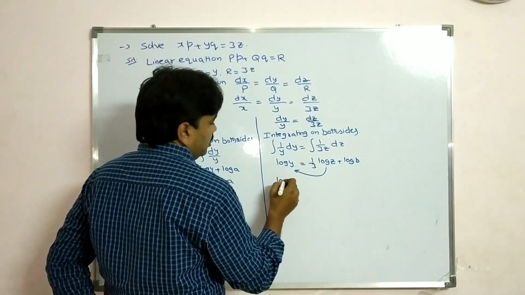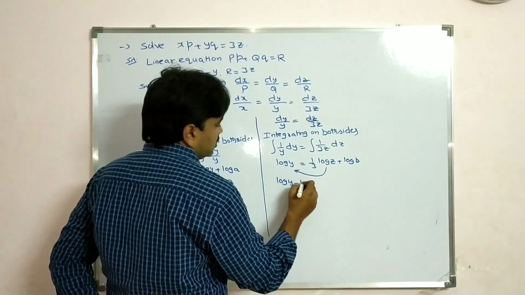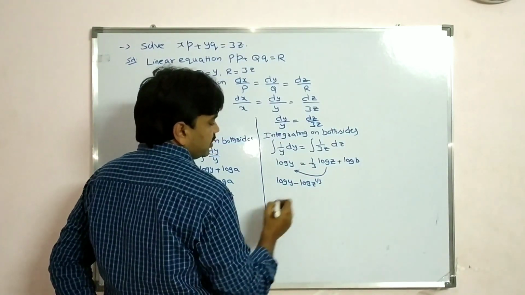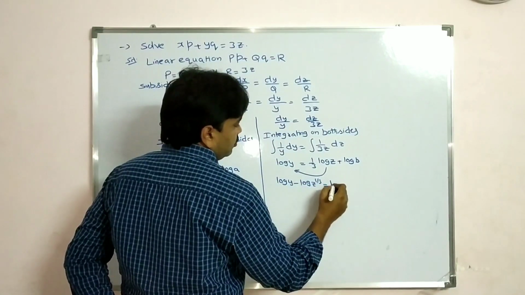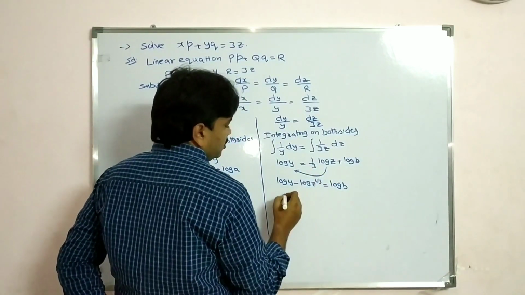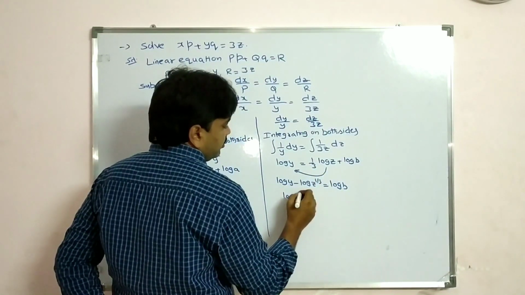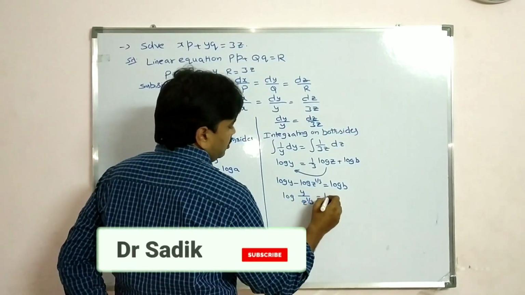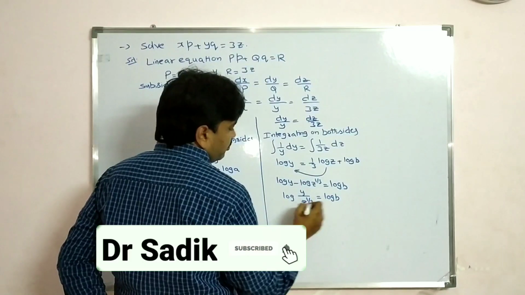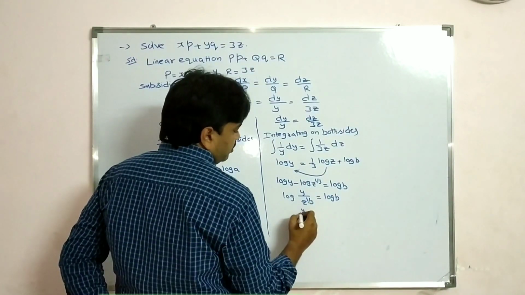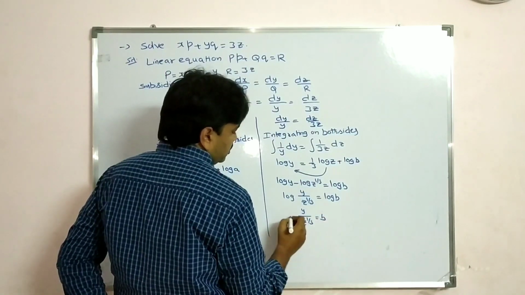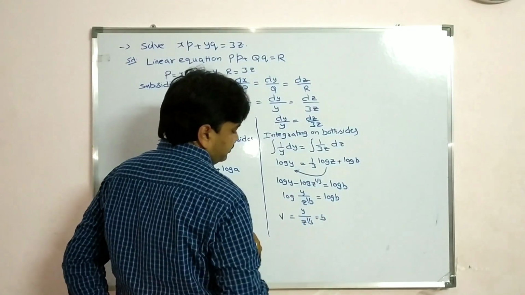I get log y minus log z power 1 by 3. So log of y by z power 1 by 3 is equal to log b. Comparing, we get y by z power 1 by 3 is equal to b. Say it is v, students.